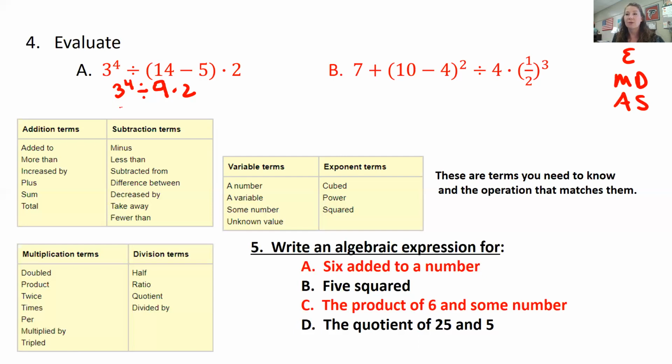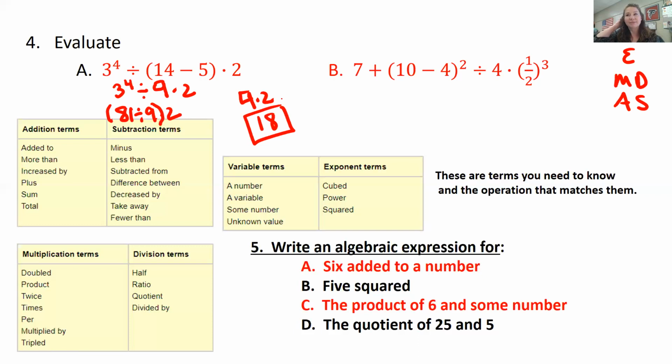We said 3 to the 4th power is 81. So I'm going to think 81 divided by 9, because in this problem, division comes first. I have to do division before multiplication because it's first in the problem from left to right. So 81 divided by 9 is 9. And then finally, the last thing to do on this problem is multiply 9 times 2. And my final answer is 18.